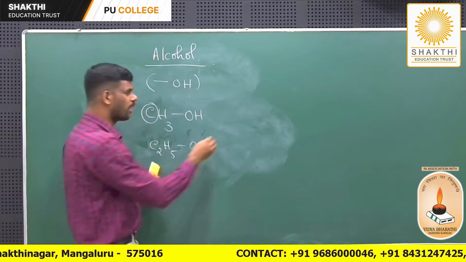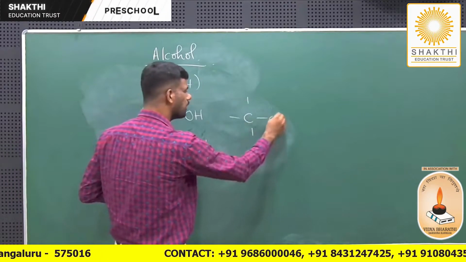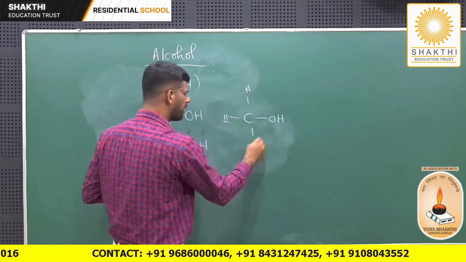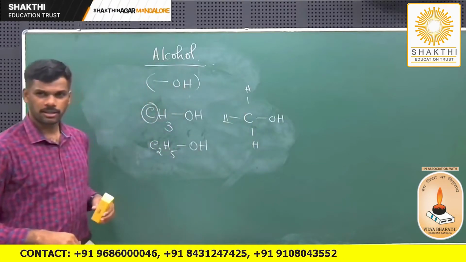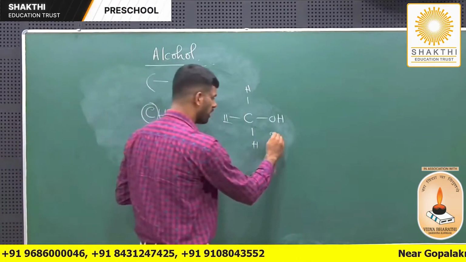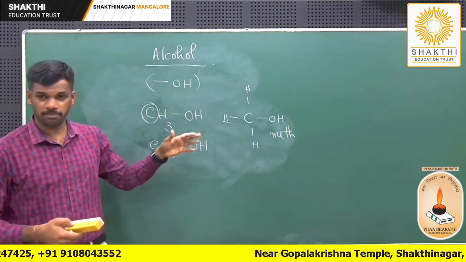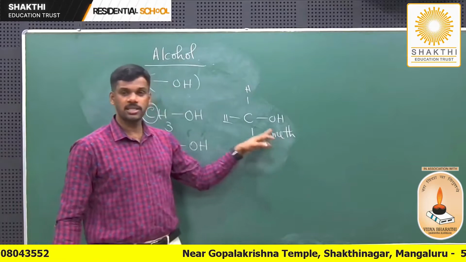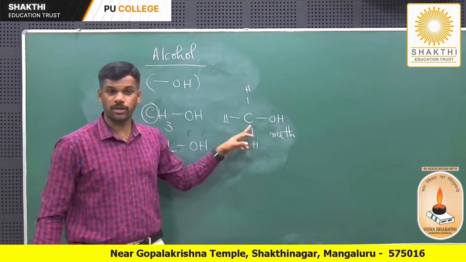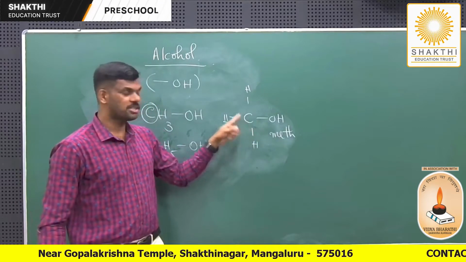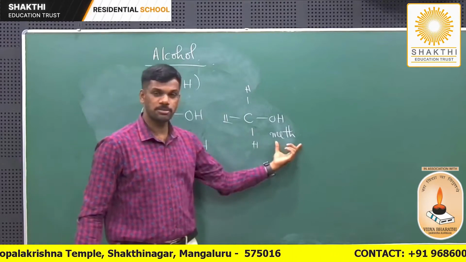Say this has one carbon atom. If the carbon atom number is 1, the nomenclature has to begin with the name meth. This is very important, my dear students, because meth represents the number of carbon atoms. Since there is only one carbon atom, the name is meth.